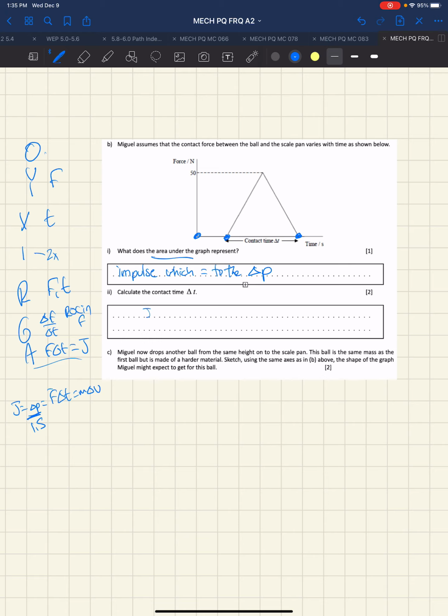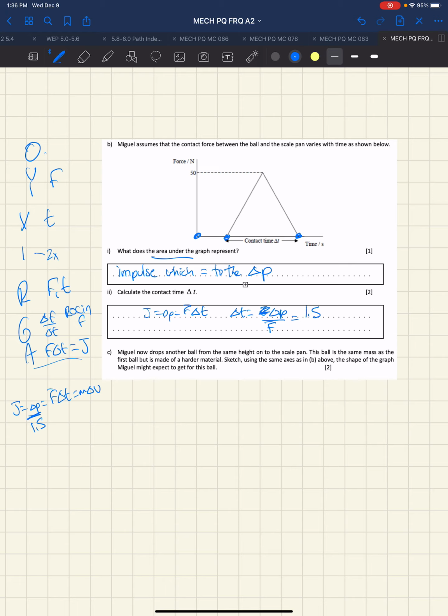Well, we know the impulse J is delta p is F bar delta t. And if we want delta t, then delta t is going to be delta p over the average force. And the delta p we know is 1.5.